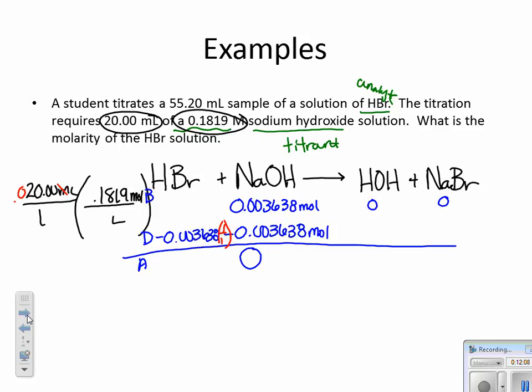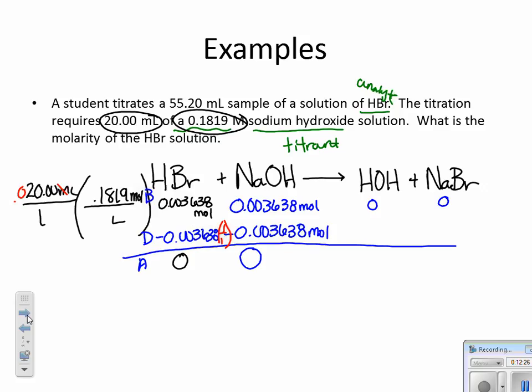So knowing that we're going to end up with no acid or no base at equivalence, we started with 0.003638 moles of hydrobromic acid as well.